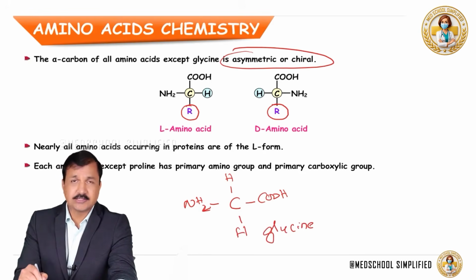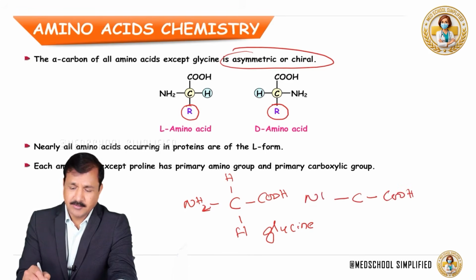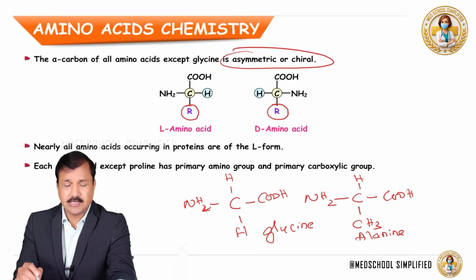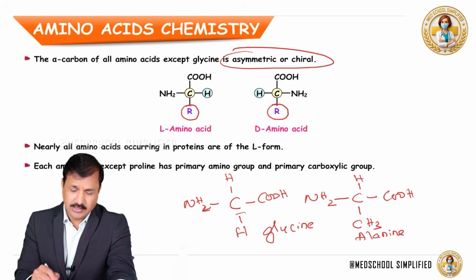Now I am going to write the alanine structure. Alpha carbon in the center, COOH, the primary carboxyl group, and the primary amino group NH2, H, and in alanine the side chain is CH3. So this is alanine.